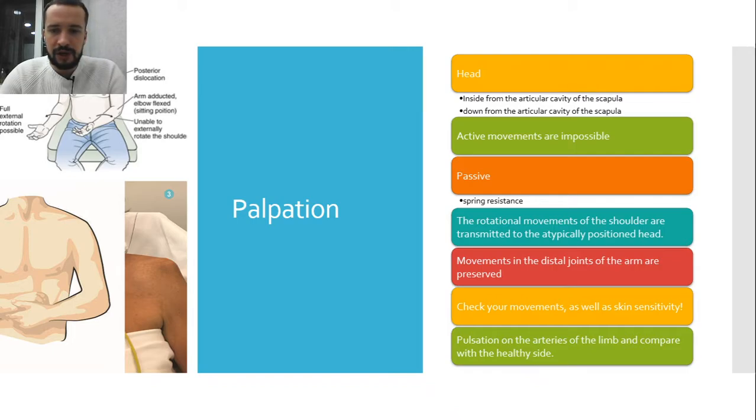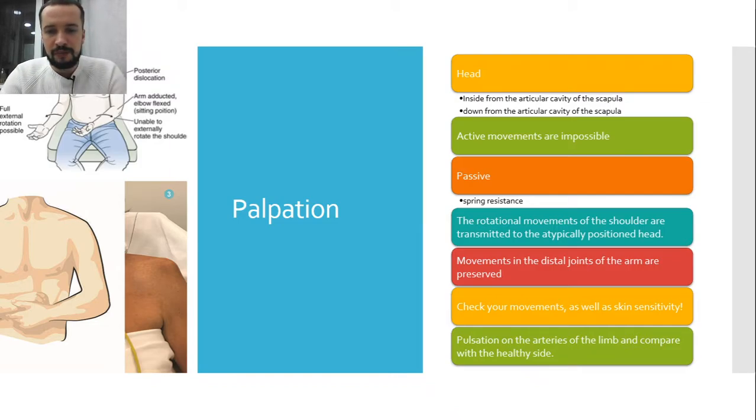During palpation, a violation of the external landmarks of the proximal shoulder is determined. The head is probed in an unusual place for it, more often inside or down from the articular cavity of the scapula.